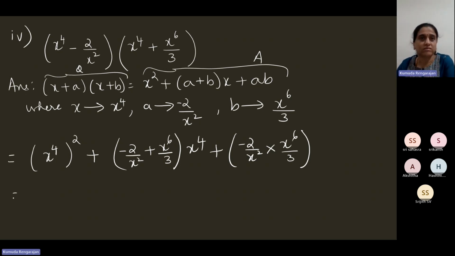It's division. See, it will be minus 2 by 3, x to the power 6 minus 2, 4. Minus 2 by 3, x to the power 4.